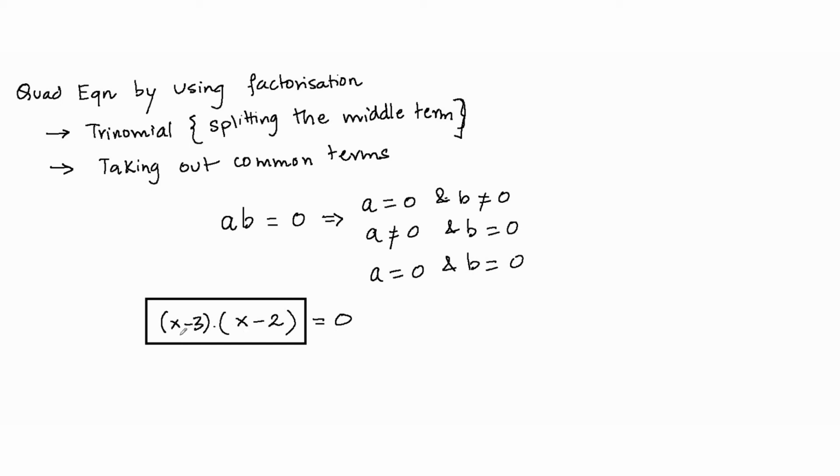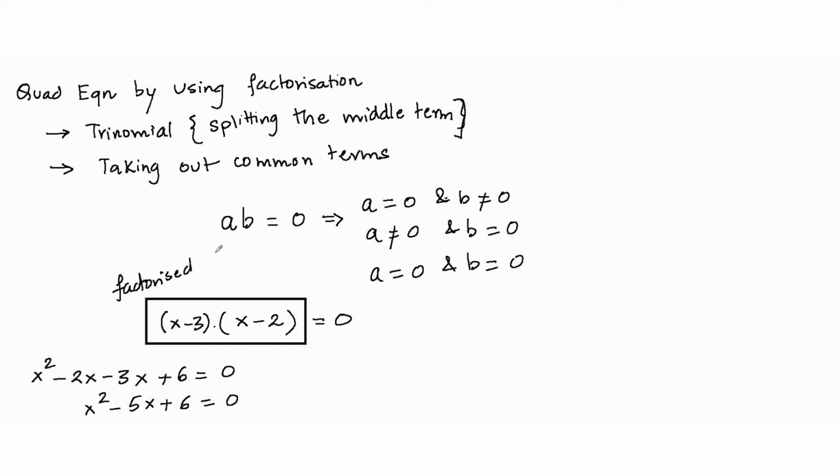If I expand these two terms, I will get x into x is x square, x into minus 2 is minus 2x, minus 3 into x is minus 3x, and minus 3 into minus 2 is plus 6. Or in other terms, the expanded form is x square minus 5x plus 6 equal to 0. But the factorized form is x minus 3 into x minus 2 is equal to 0, right? So x minus 3 into x minus 2 is my factorized form.